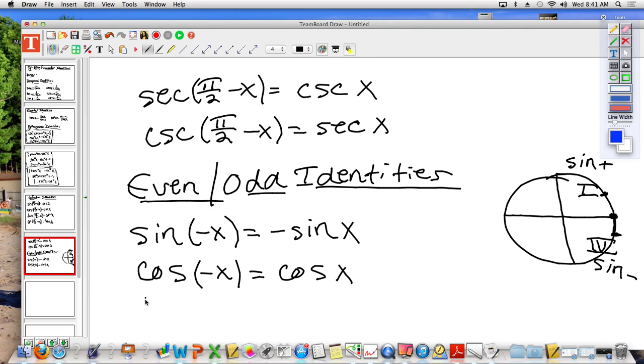The tangent of the opposite of x is equal to the negative tangent of x. So the tangent of negative x is equal to the negative tangent of x.